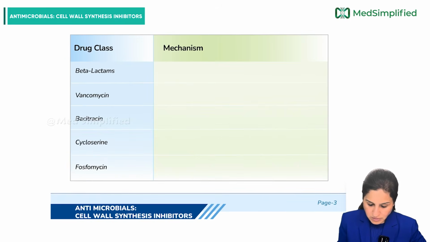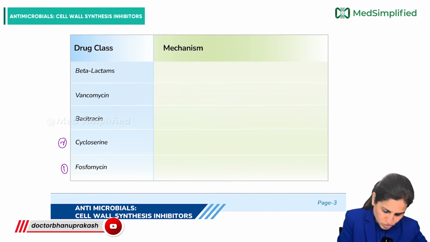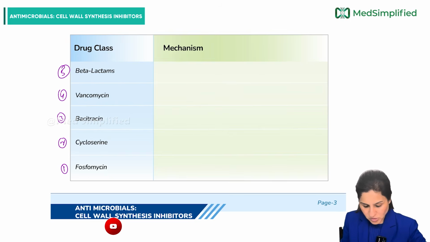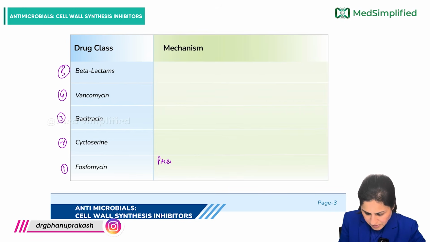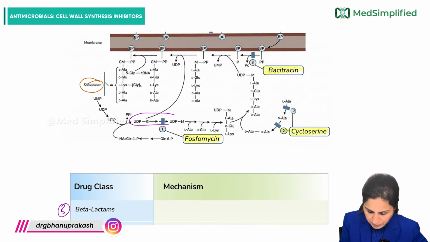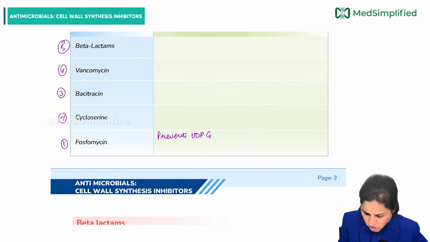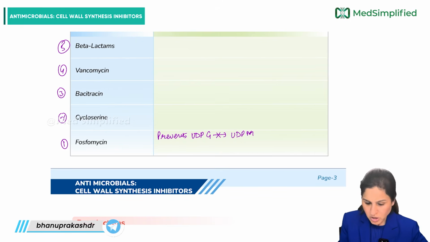All right, so let's do the mechanism of action of these drugs. Let's begin from the lower one first, because this is step 1, then 2, 3, 4, and 5. Fosfomycin prevents the first step, that is, the conversion of UDPG to UDPM, the first step in peptidoglycan synthesis.